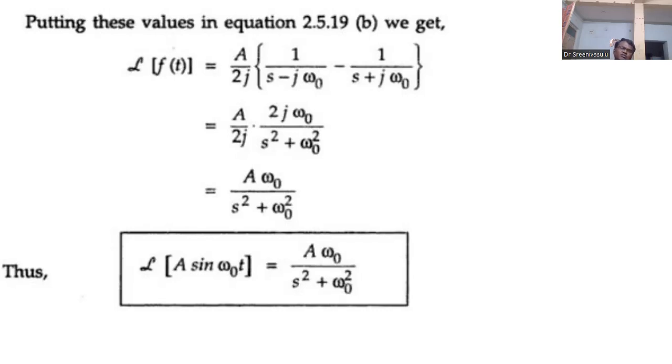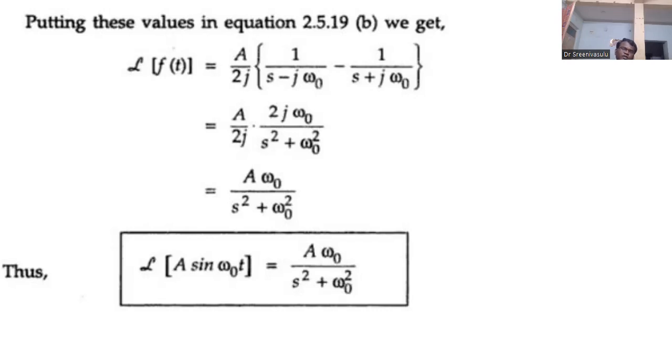What is s? Generally here s is sigma plus j omega naught. So in this particular problem, there is no real part, we only have the imaginary part. What is the real part here? 0.